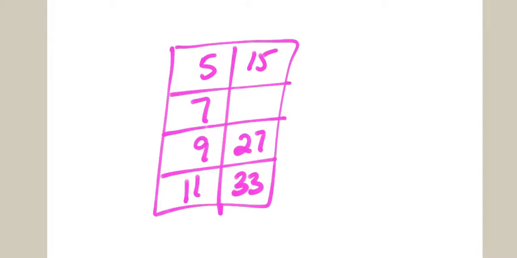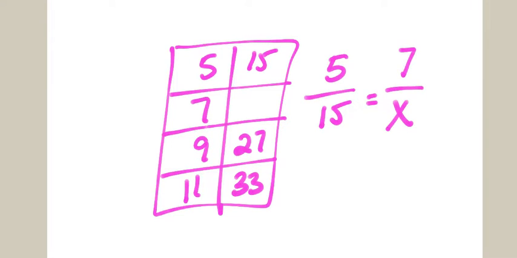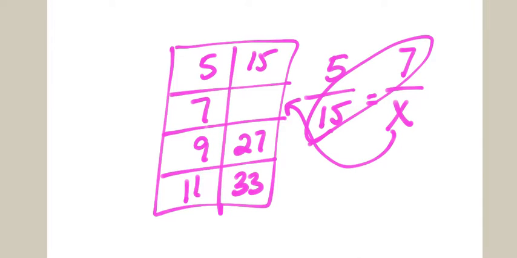So if I made this a fraction, it'd be 5 over 15 is equal to 7 over, let's say, x for blank. So you can do one of two things. You can do your cross multiplication and then divide it by 5.